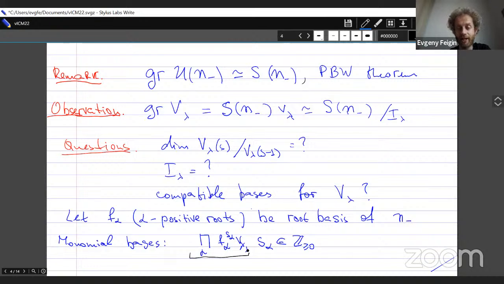One more important thing is that we want this basis to be compatible with our filtration, meaning that if we take the sum of s_alpha to be equal to some constant, say s, then the corresponding vectors should produce the basis of the homogeneous graded component.